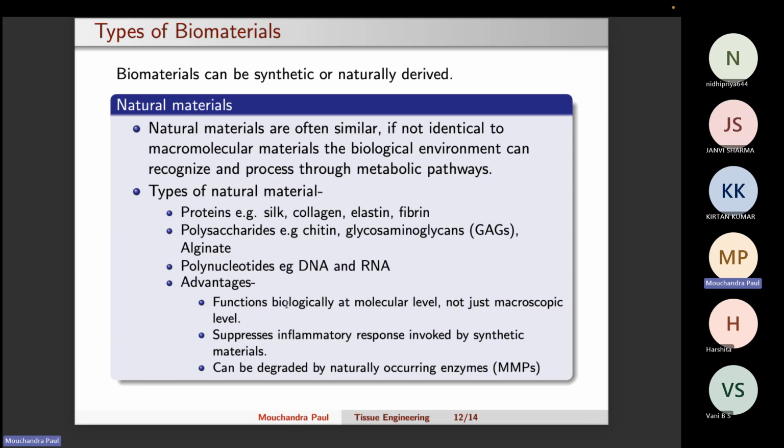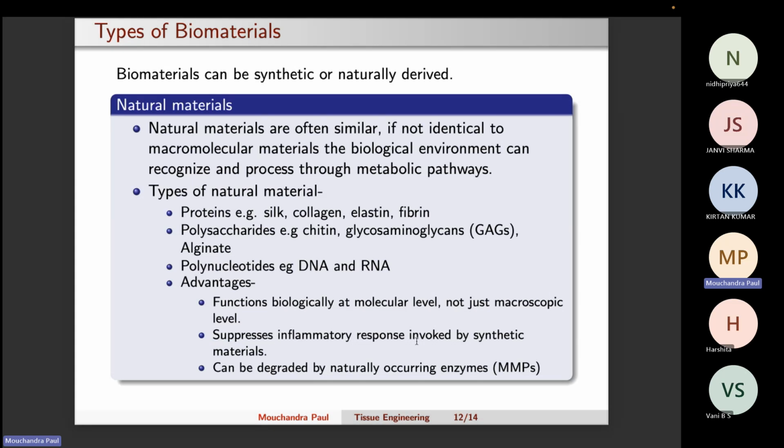First, it is biologically active, meaning our body can recognize it. Since most of these materials, like collagen, elastin, and GAG, are already present in our body, our body usually does not recognize them as foreign.